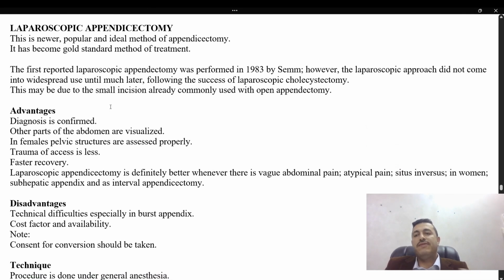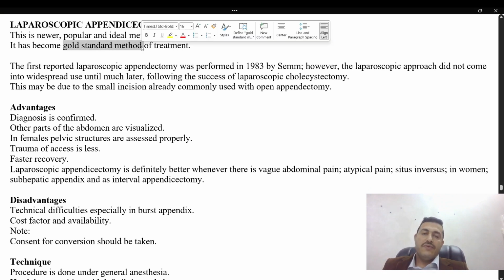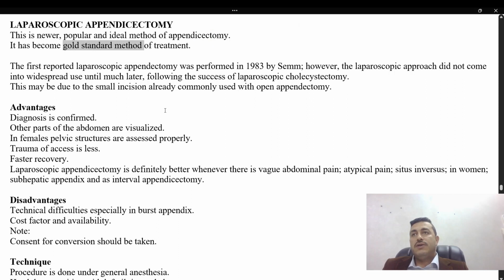Okay, let's talk briefly about the laparoscopic appendectomy. It's now the gold standard method of treatment. It should be done routinely, the laparoscopic appendectomy, but I know that this depends on the hospital itself, the trust itself, the institution, the availability of instruments.